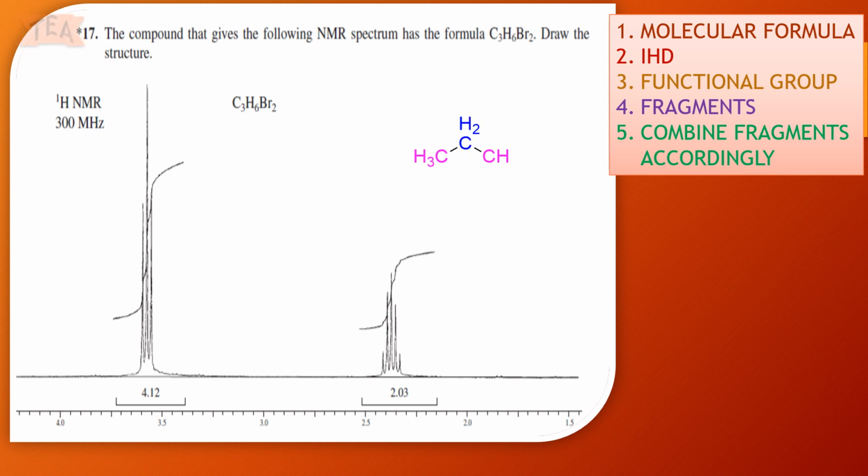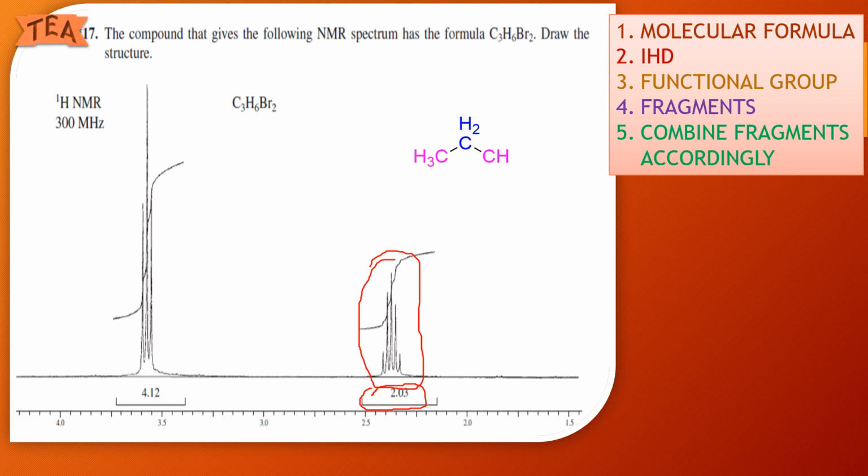Let's discuss the first peak. You can see here it is 1, 2, 3, 4 and 5, so it is a quintet. The integration is 2.03, which means that there are two hydrogens which are splitting into a quintet, which means that the neighboring carbon contains 4 hydrogens.